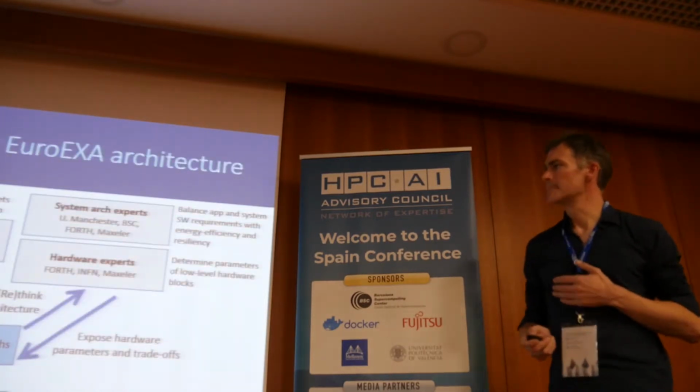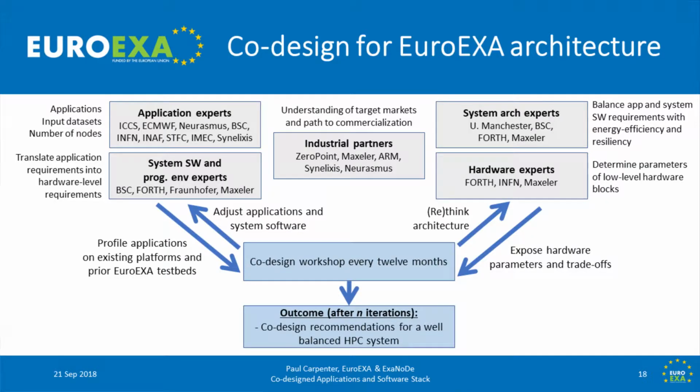So for co-design, we also took a kind of global look at the consortium and made sure that we have all the people in the room across the whole stack. So we have, as I showed before, a good number of very strong application experts. We have system software, programming environment experts.